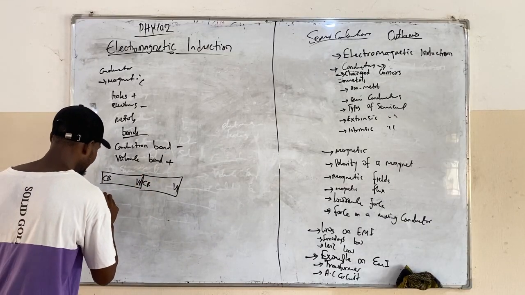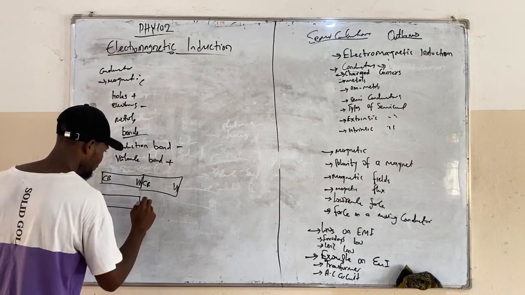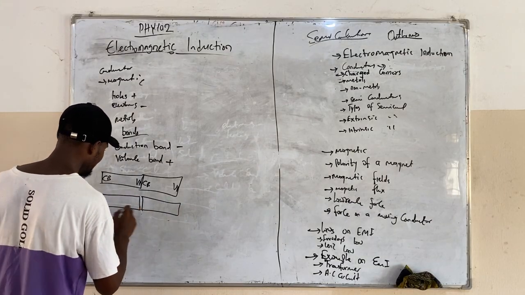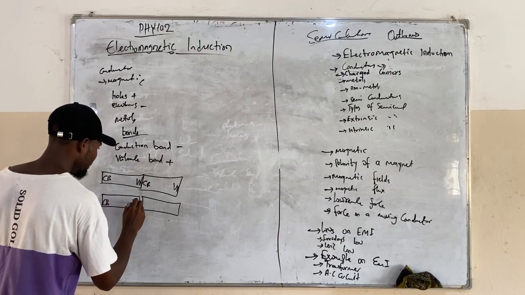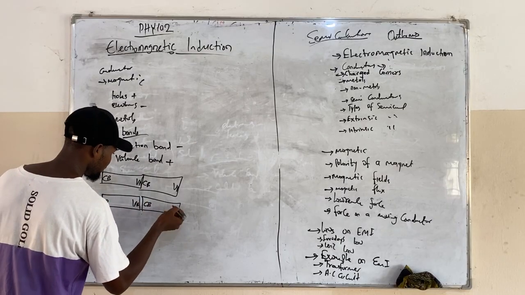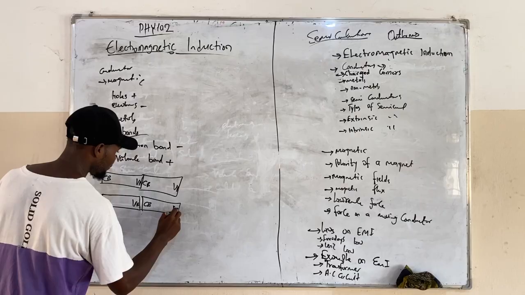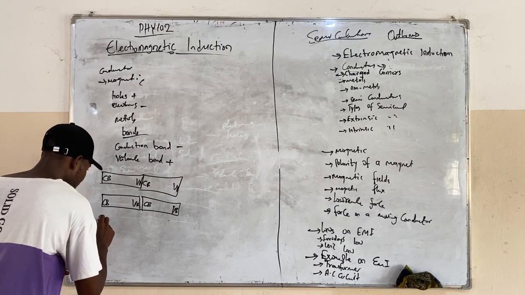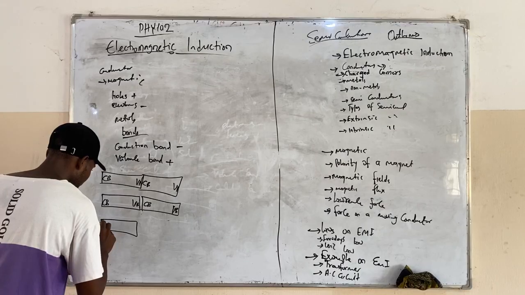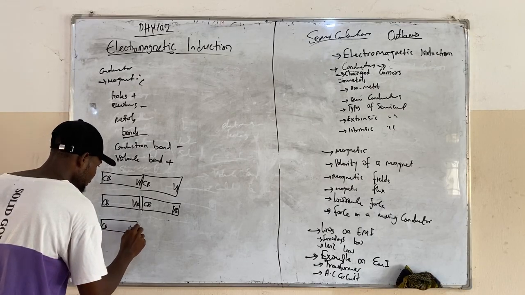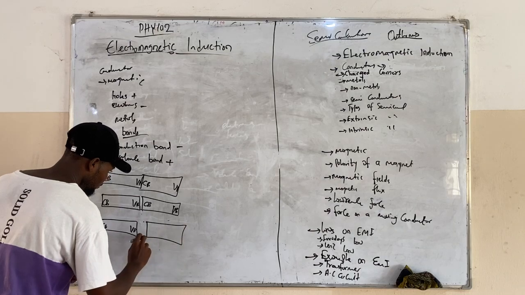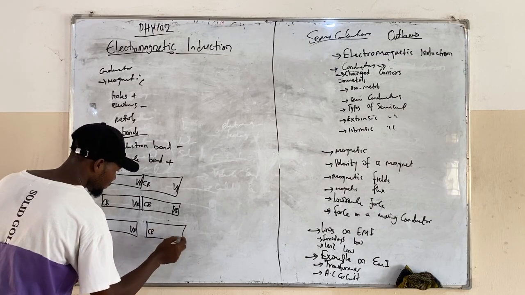The first diagram has the conduction band and the valence band, and so do the next two.